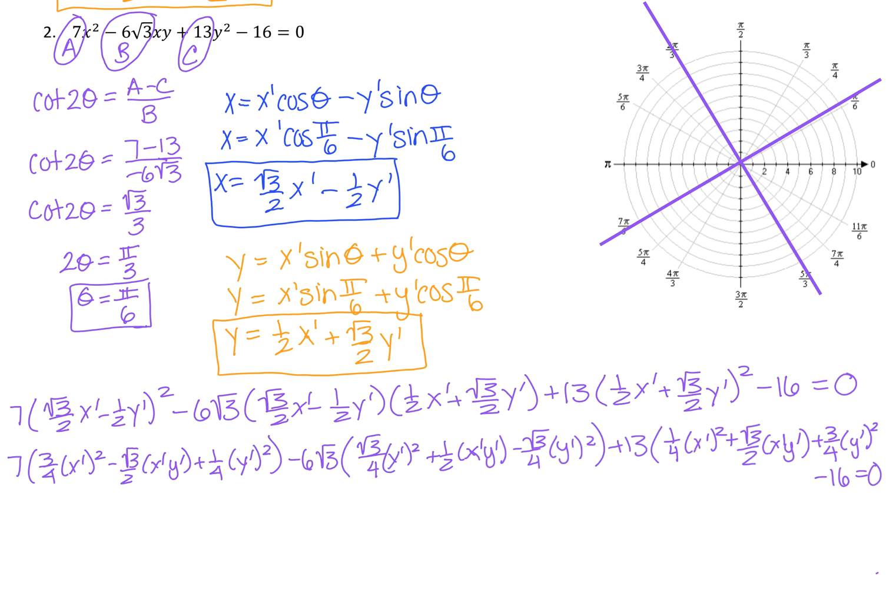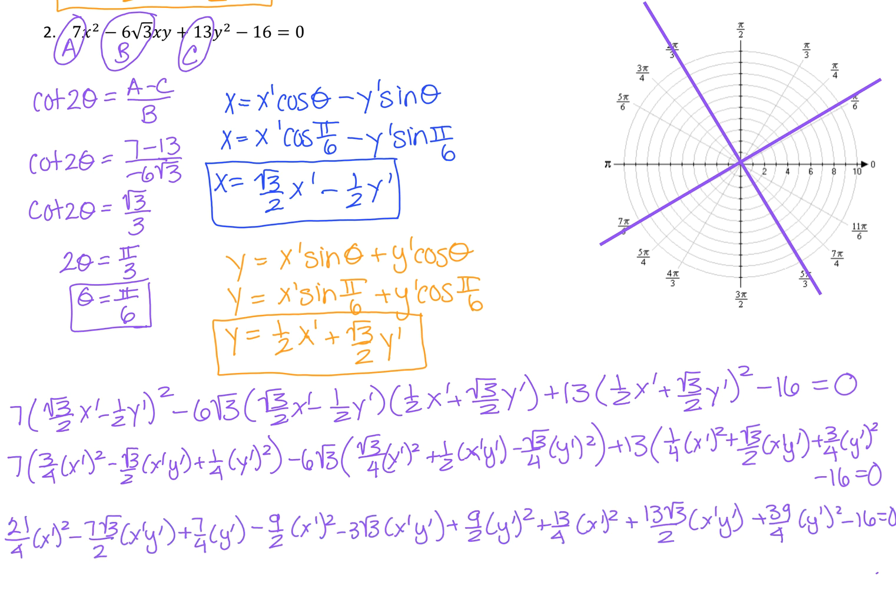All right, so there's the full expansion, and now we're going to look for like terms. The whole point of doing this is to cancel the b term, so all the xy terms should cancel each other out. Let's see if that happens. My xy terms: I have this one right here, -7 square root of 3 over 2, I have -3 square root of 3, and I have 13 square root of 3 over 2.